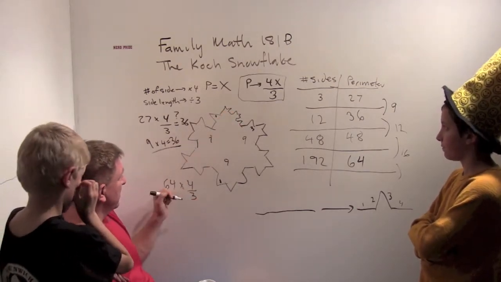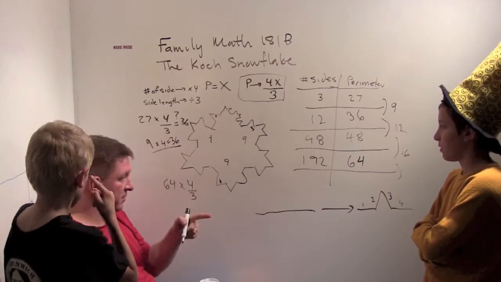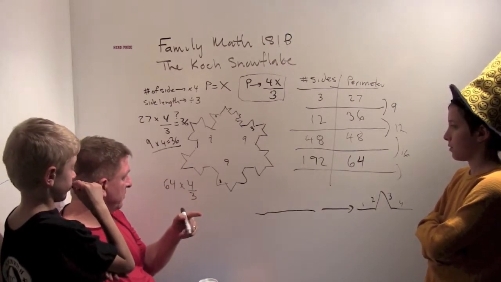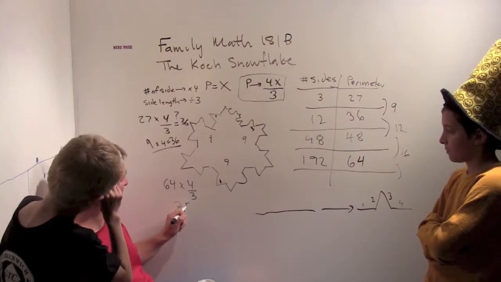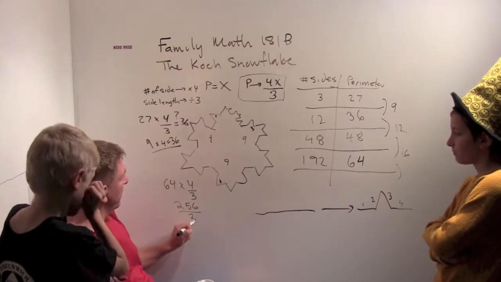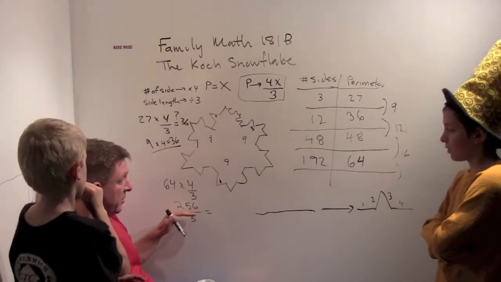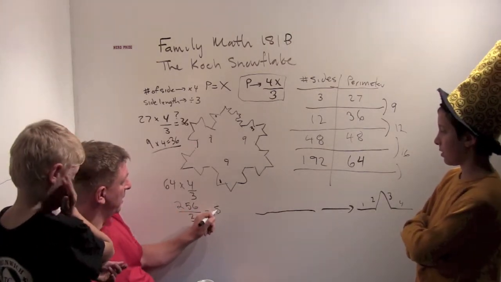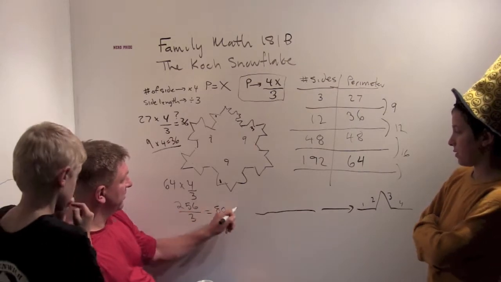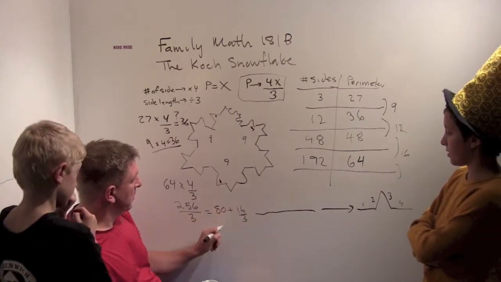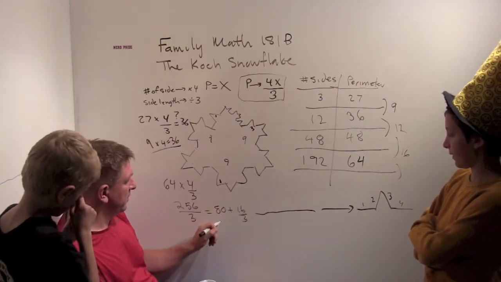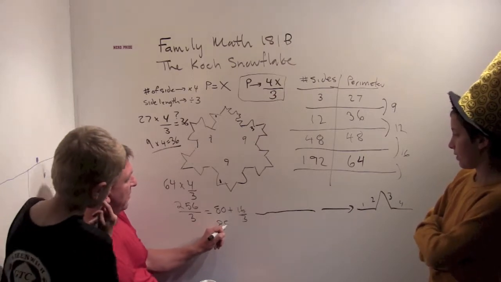So 64 times 4 is 256, so it's 256 divided by 3, which is, let's see, 240 divided by 3 is 80. 80 plus 16/3. Well, that's a little bit bigger than 5. In fact, it's 85 1/3.